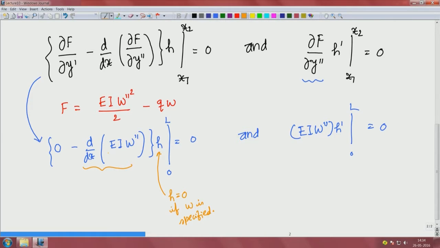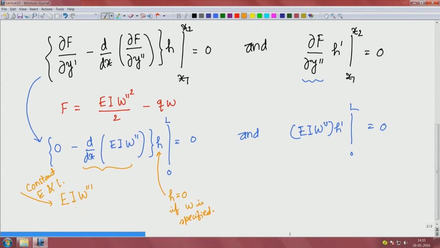This is if you assume constant E and constant I, that will simply become E I triple derivative, because this is already a double derivative and then we are taking d by dx, assuming that E and I are independent of x, that is, they are constant.